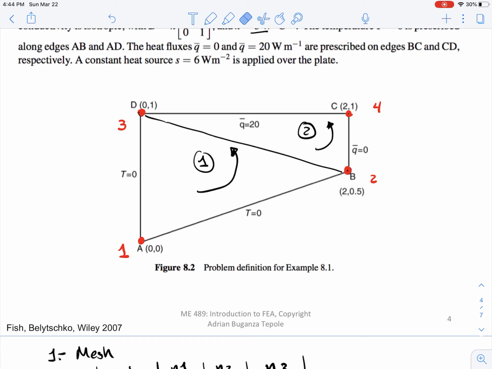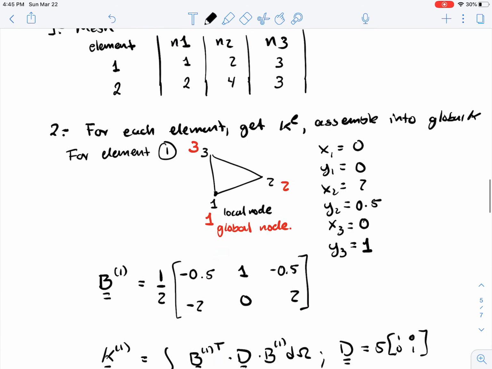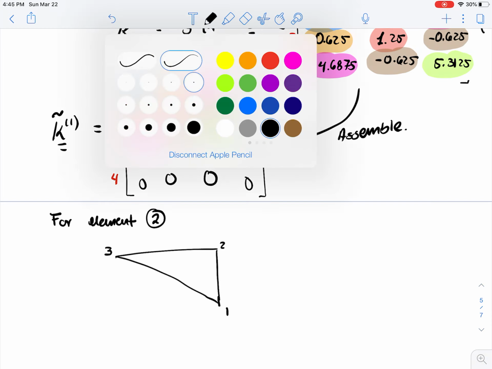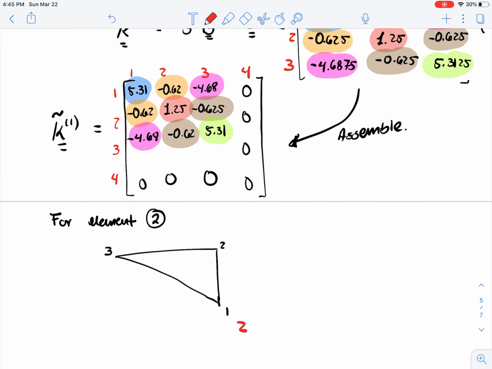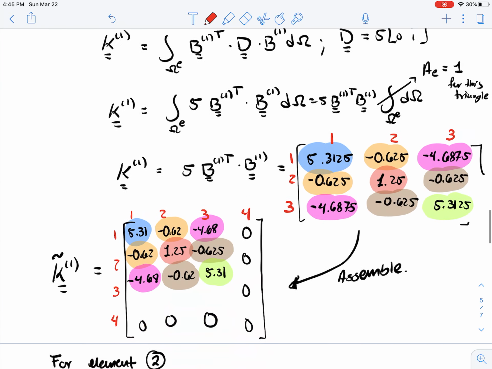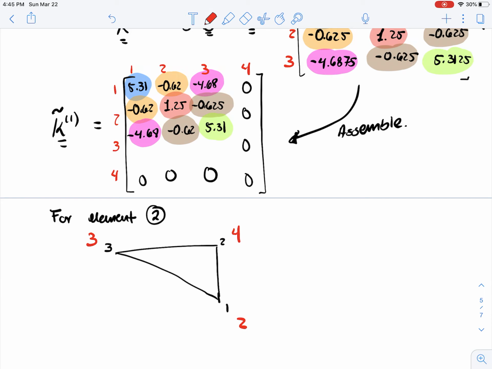In this case, you can see that the local node numbers and the global node numbers don't coincide. The local node numbers are 1, 2, and 3, but the global node numbers are 2, 4, and 3. Based on the local node numbers, I have x1, y1, x2, y2, x3, and y3.